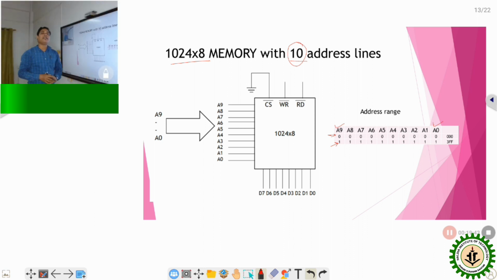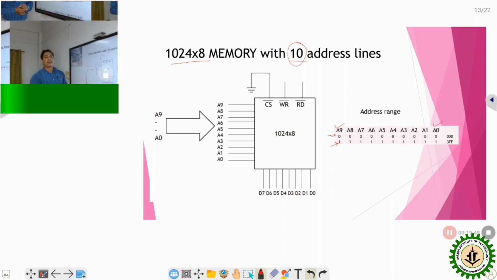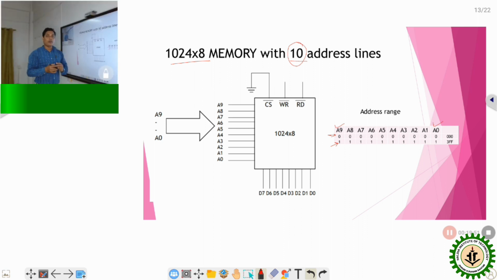If the address lines vary from all 0 to all 1, subsequently the registers of the memory will be selected. Thus the total address will vary for this memory from 000 to 3FF in hexadecimal.